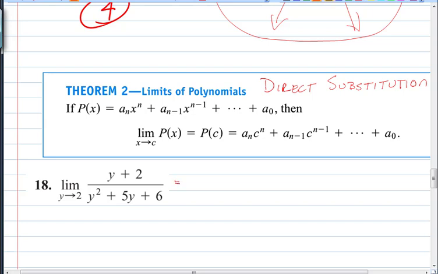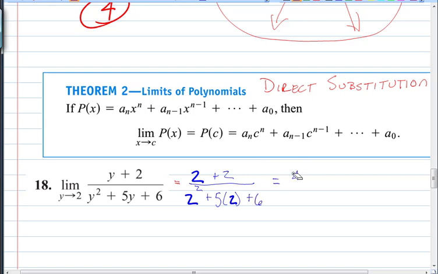So this is going to be 2 plus 2 over 2 squared plus 5 times 2 plus 6.